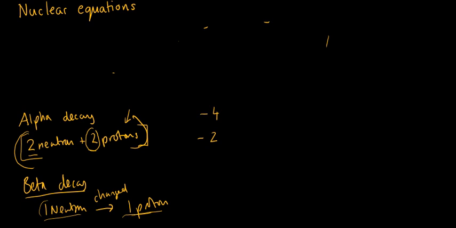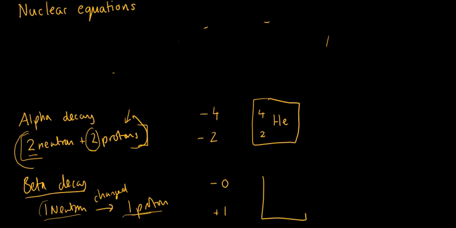Beta decay, 1 neutron changes into a proton, so -0 from the top, +1 at the bottom, and we have our alpha particle here and our beta particle, which can be sometimes written as an electron or beta particle at the bottom, like so.